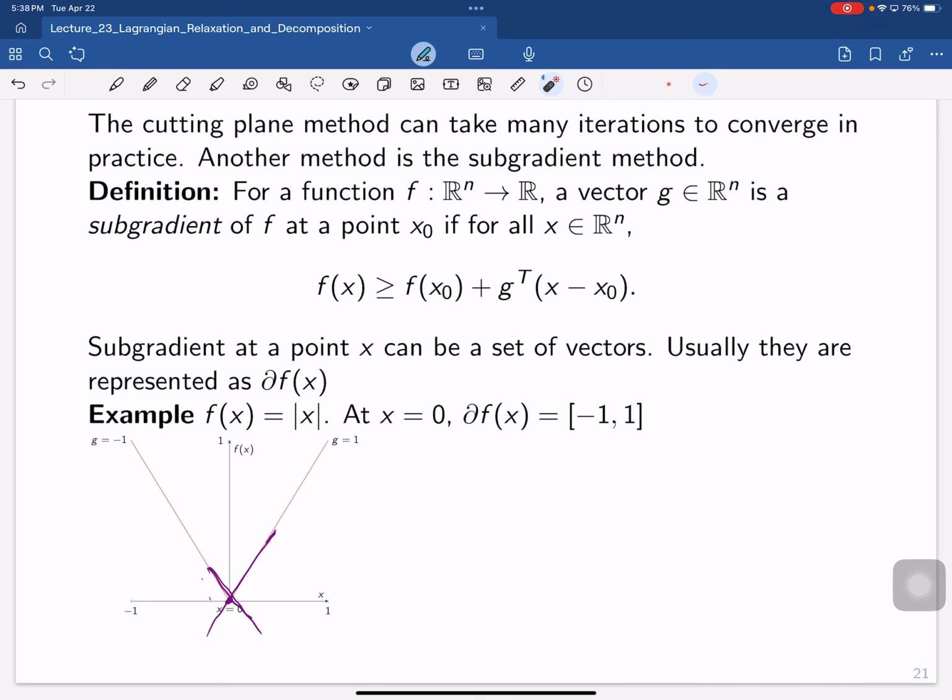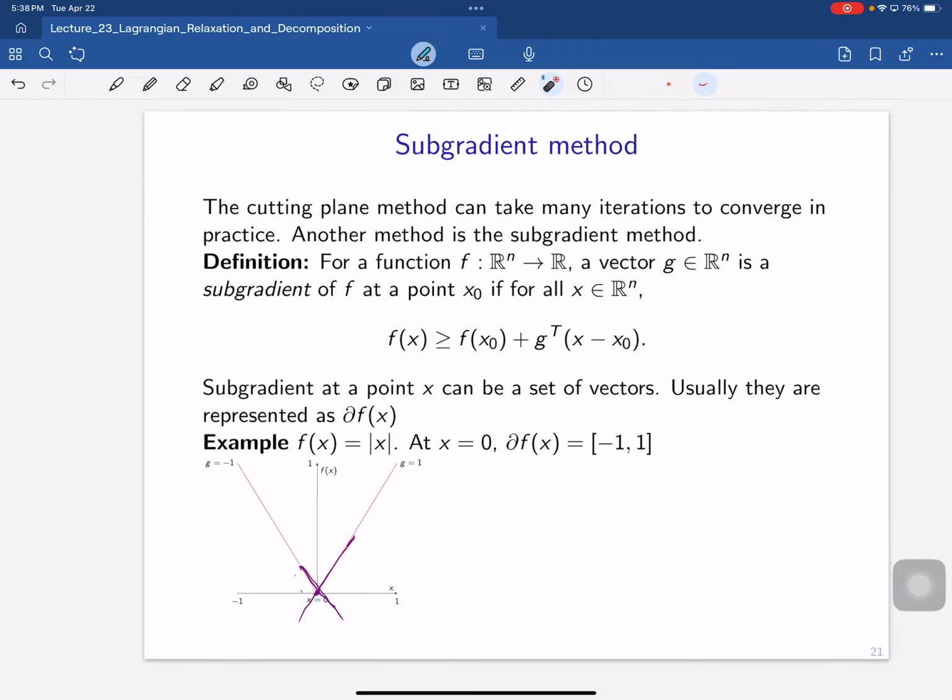You need to have some linear under approximation of a convex function. For a non-smooth convex function, you can think about the g as a generalization of the gradient, as long as this linear approximation under approximates the original function.